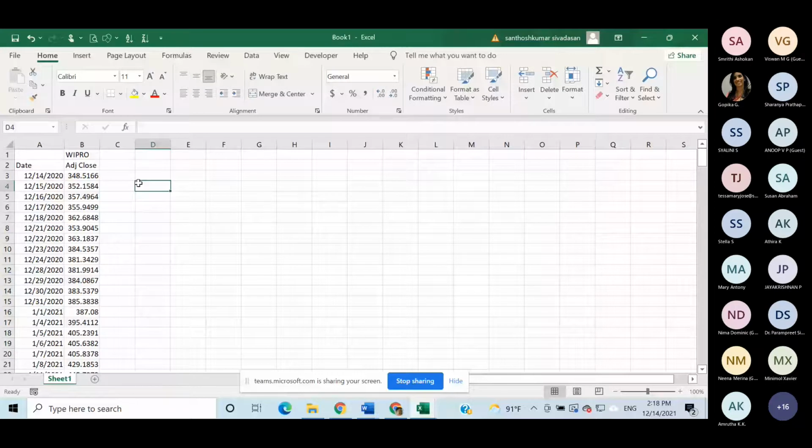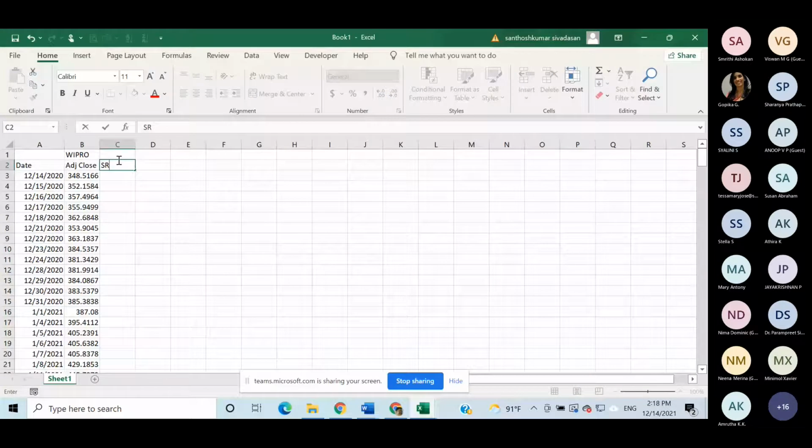So I'm going to find the simple return. Normally, return here means the price difference.